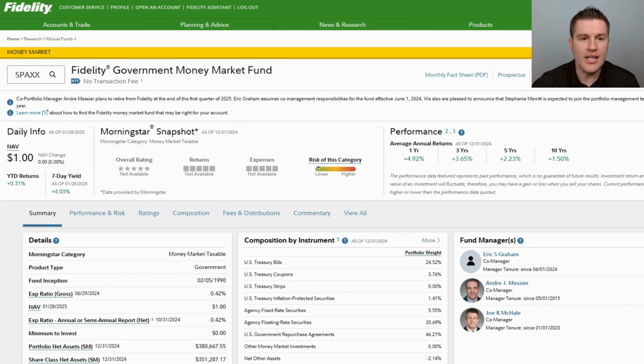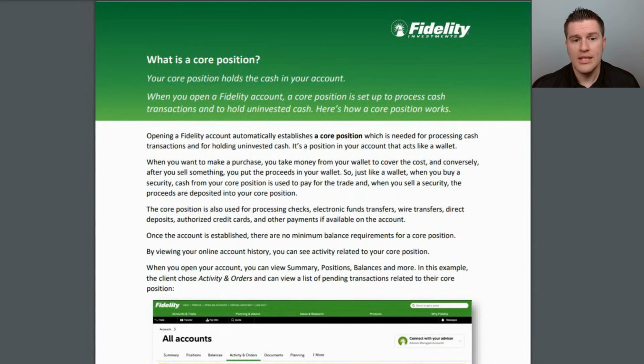And with Fidelity, if you really want to understand what SPAXX is, you really need to understand what a core position is. A core position is just where Fidelity holds the cash in your account. So when you open up a Fidelity account, a core position is set up to process cash transactions and to hold uninvested cash.